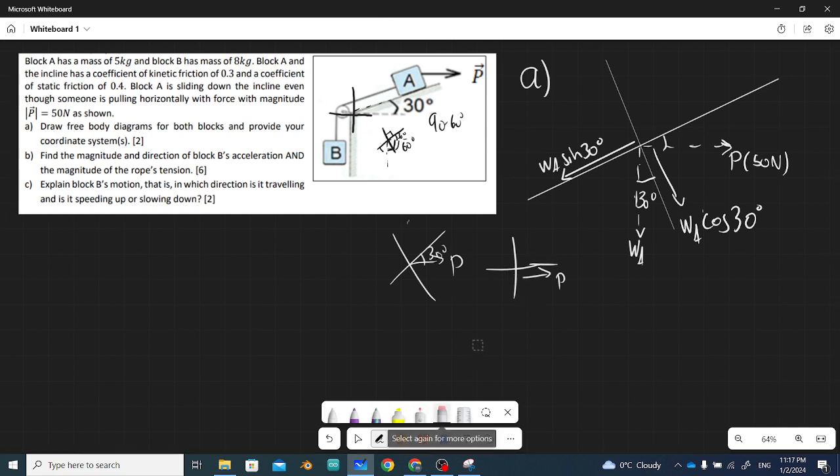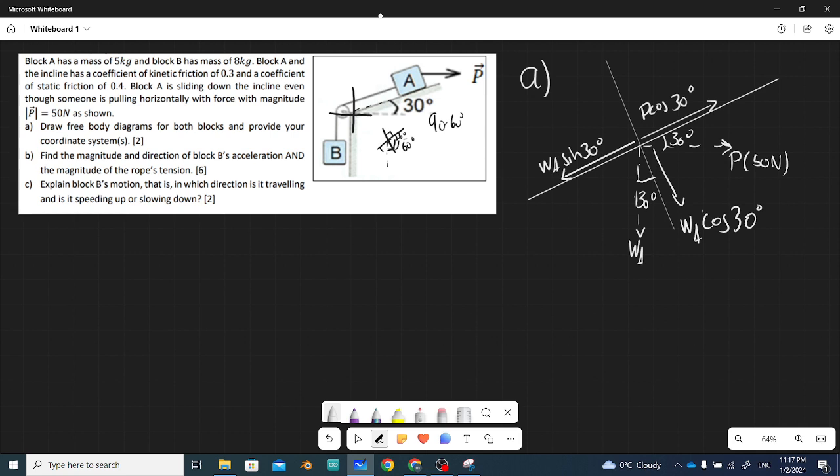So we can erase all that. This was just to find the angle. All right. So this is 30 again. I'm going to make it a straight line. This would be P cos of 30.